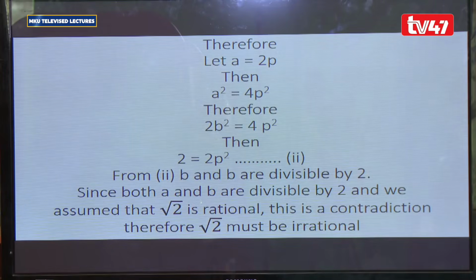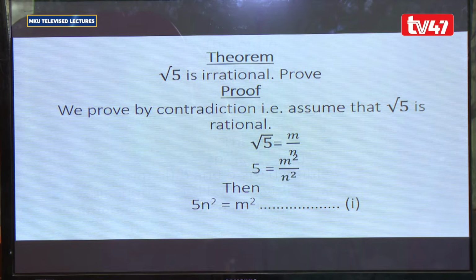And therefore, again, we have a contradiction from what we expected. Assuming that it is rational, this is a contradiction, because we are having that 2 is another common divisor between a and b, and therefore it contradicts this statement of a number being rational, and therefore square root of 2 must be irrational.